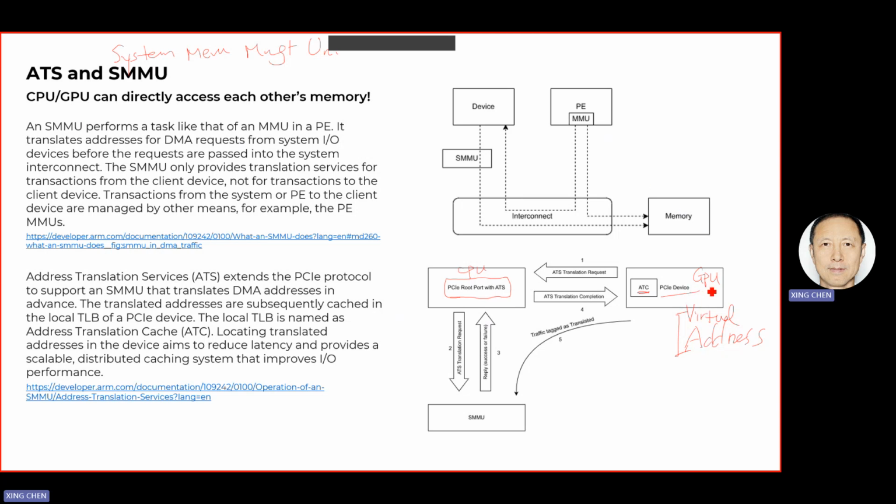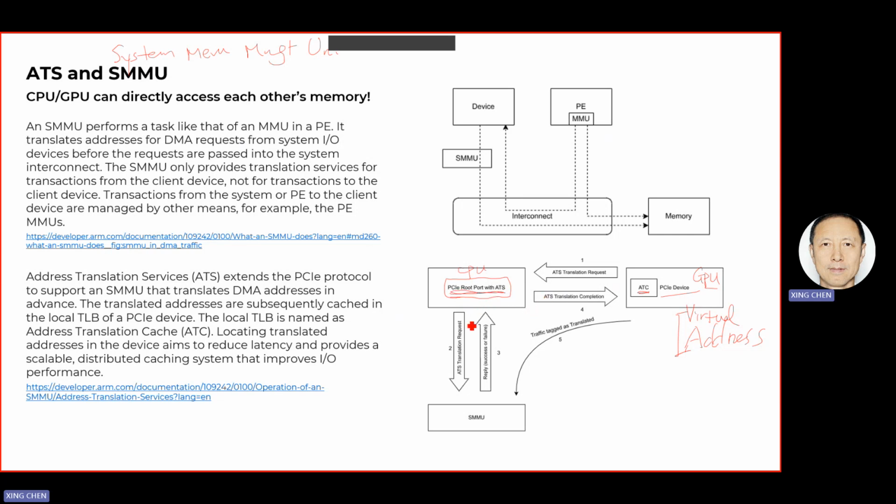So the GPU, if it's not in its cache, has to have it translated into a physical address, and the GPU cannot do it. It has to ask others to do it. So it is going to send its ATS translation request to the PCIe root port with ATS service.